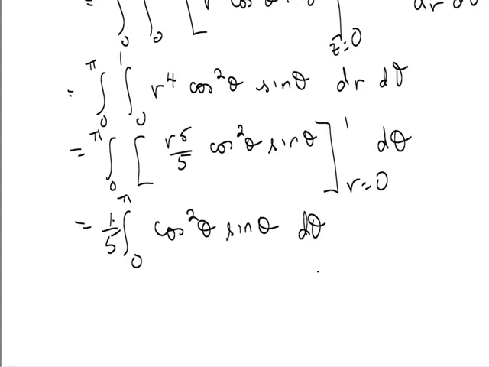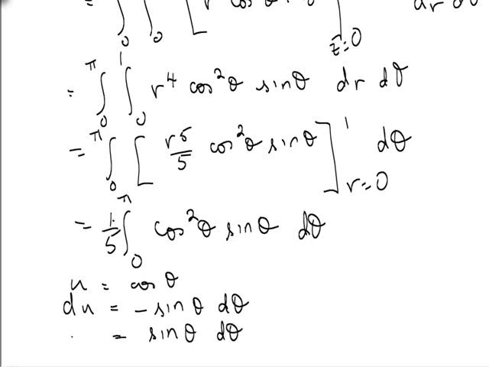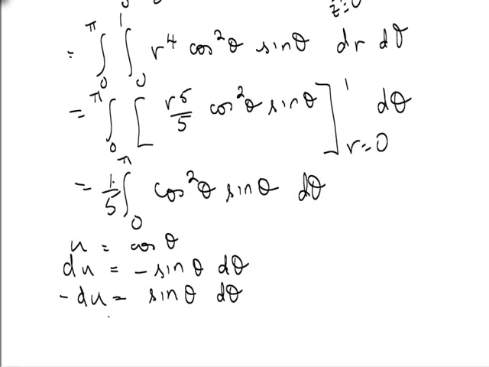What technique do we use? Substitution. What is u? Cosine. u equals cosine theta. du is minus sine theta d theta. So sine theta d theta is minus du. Change the limits. Theta is 0, means that u is 1.